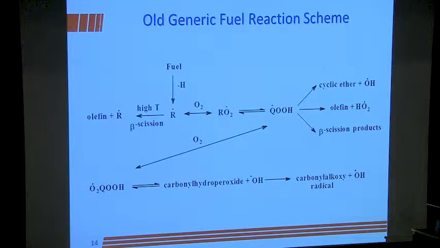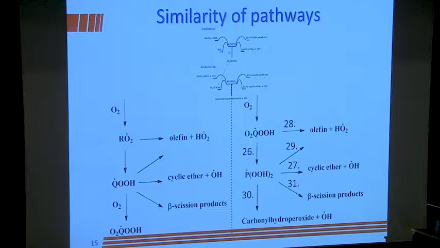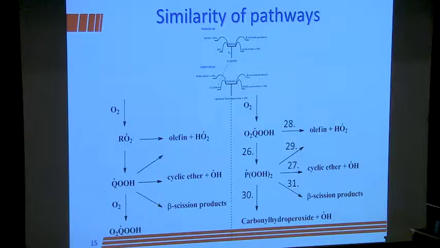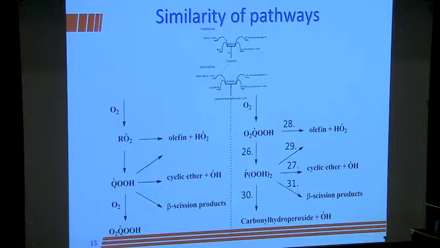The reason for that is we added the colors later because here's our system. We have alkyl radical adding to molecular oxygen giving RO2. The RO2 can isomerize to QOOH, give olefin plus HO2, cyclic ether plus OH. And this hydroperoxy alkyl radical can add to molecular oxygen again. Okay?